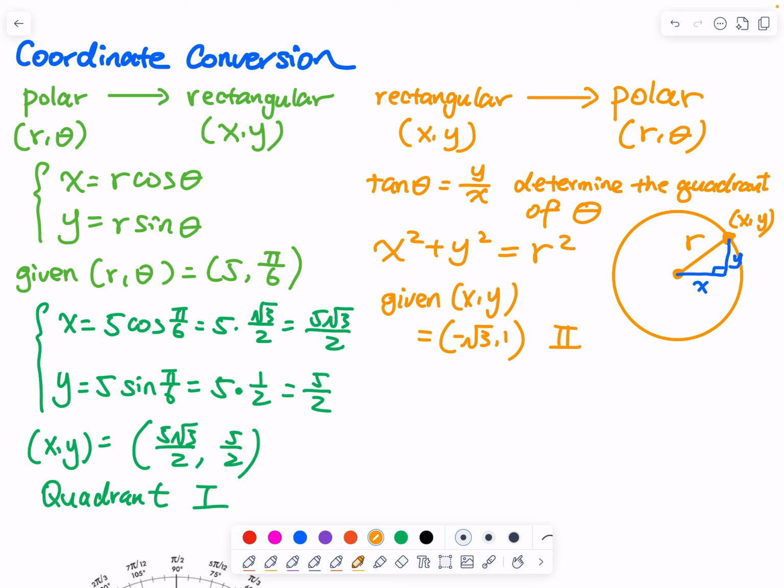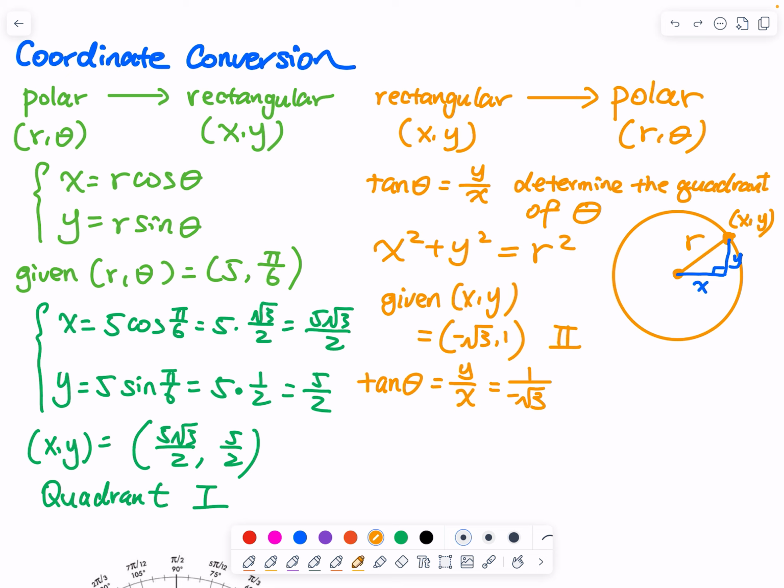I have x and y, and then I will do a tangent. Theta equals y divided by x, that is 1 over negative root 3. This number is not on the unit circle, so I will look at my unit circle.